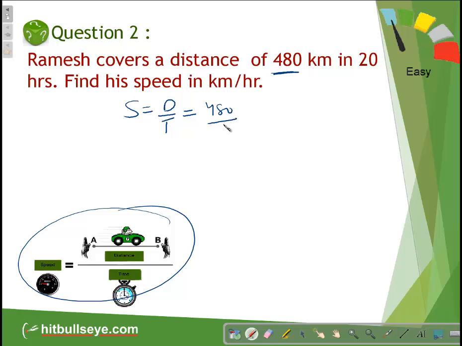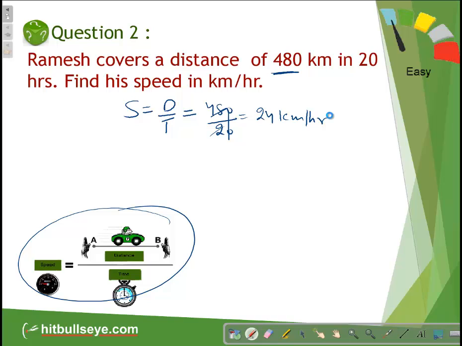And what is time? 20 hours. So distance is 480 km, time is 20 hours. So speed will ultimately, we will cancel, it will be 24 km per hour. So again, application of the same formula, speed will be distance by time.